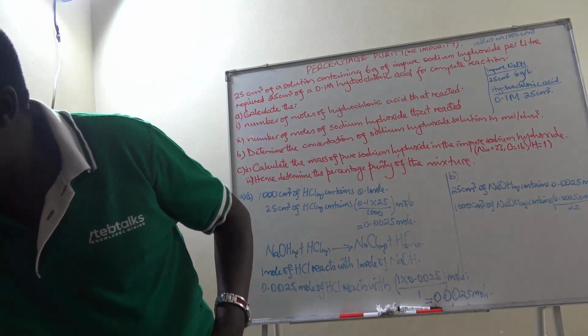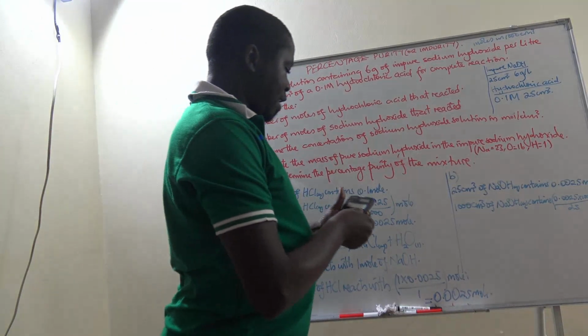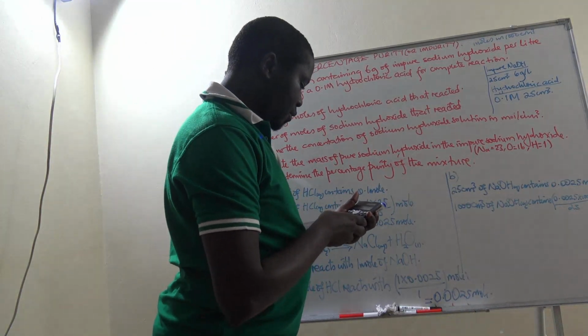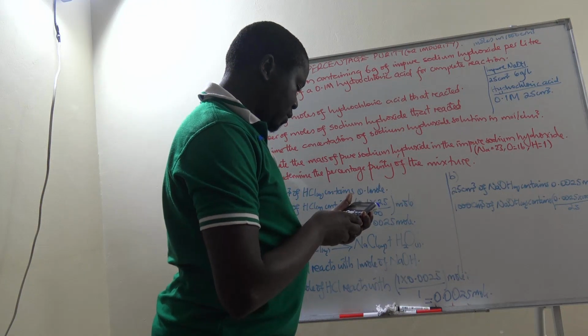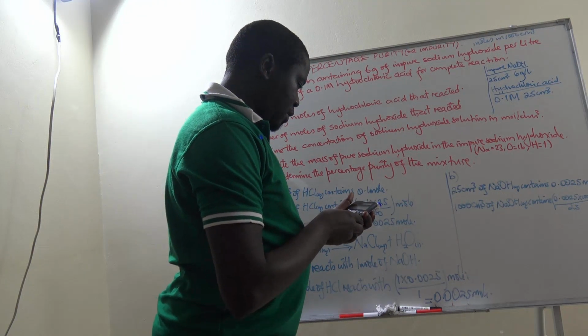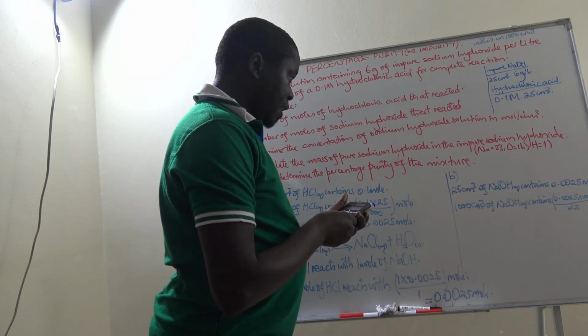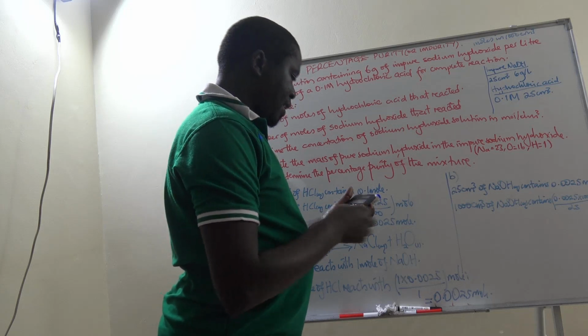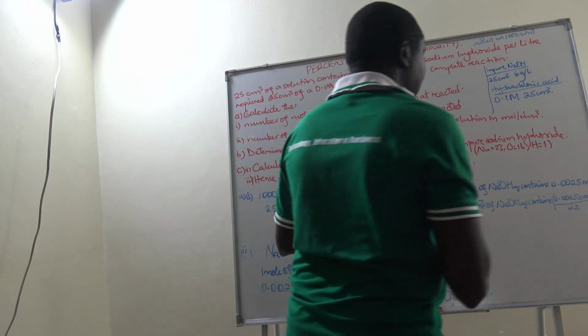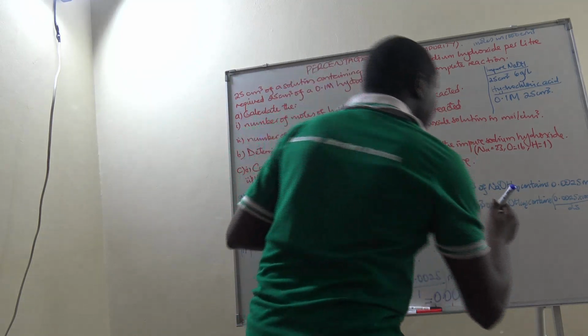So in getting the answer, we have 0.0025 times 1000, and we divide by 25, and our answer is 0.1.